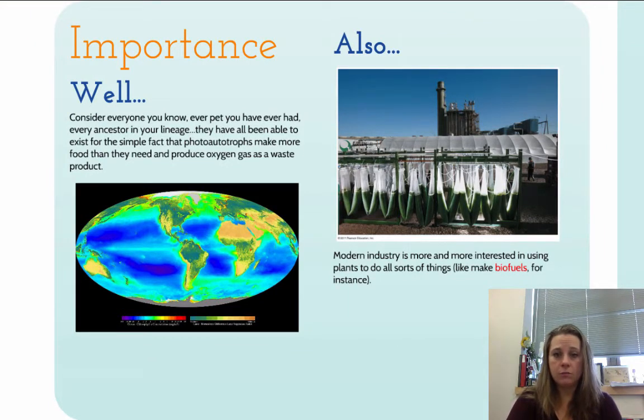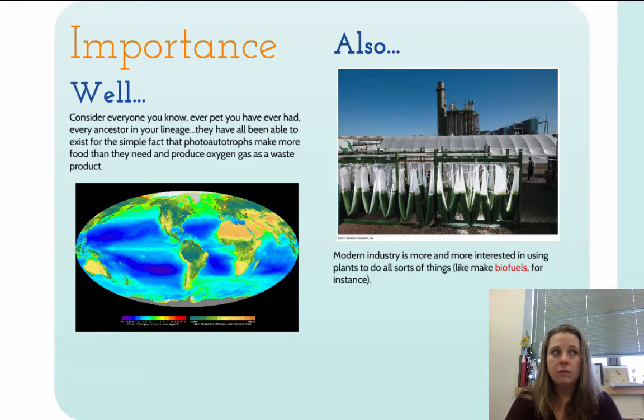Consider everything you've ever known. We've been able to exist because of photoautotrophs. They are the foundation of our food chain, the foundation of the energy that comes into our planet. They produce the oxygen that supplies us with our ability to live.